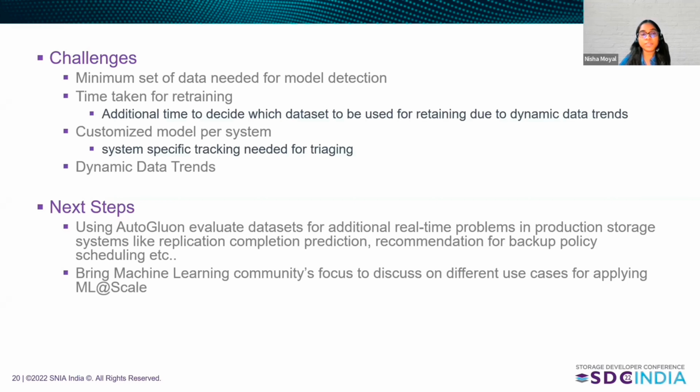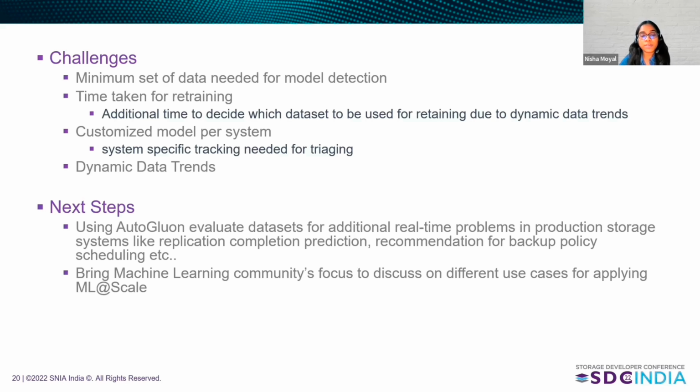Next, the challenge we faced was the time taken for retraining. In our enterprise storage system, the prediction response should be very fast. But in some cases, when the data set varies a lot from the trained trend, we have to retrain, which takes additional time for AutoML to get a new model.